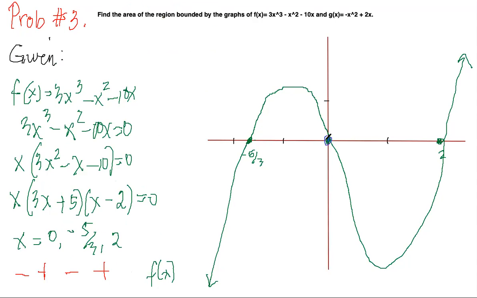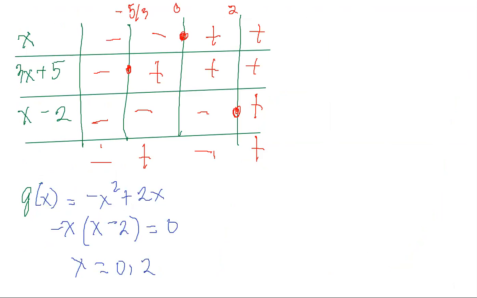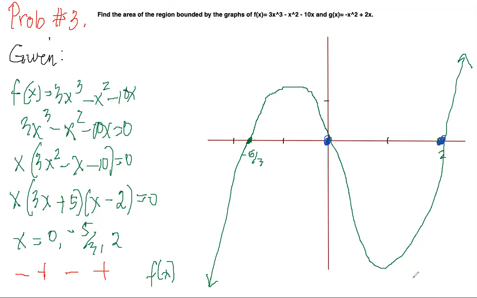Of course, the parabola opens downward since the numerical coefficient of the term x squared is negative. So we have something like that. Oh, by the way, this is our g of x.